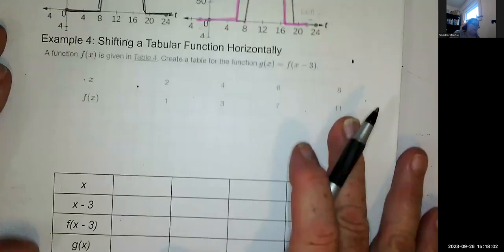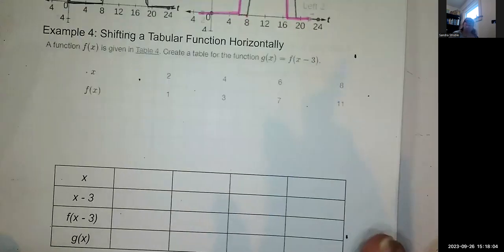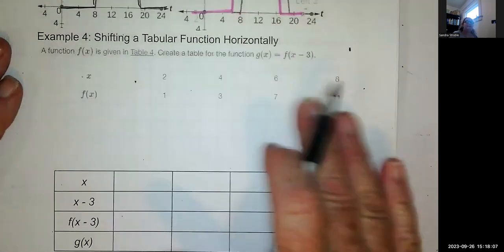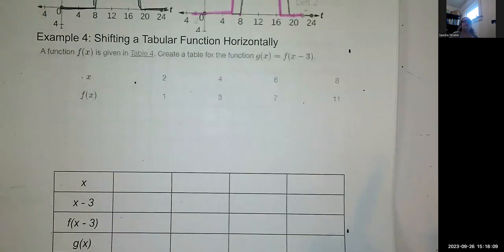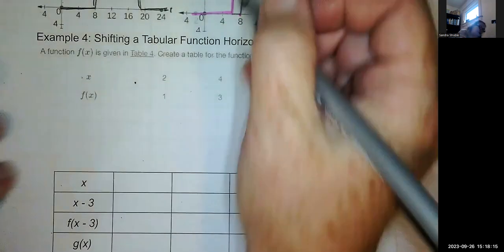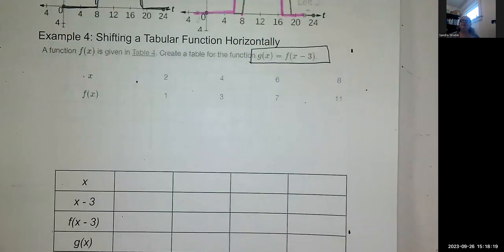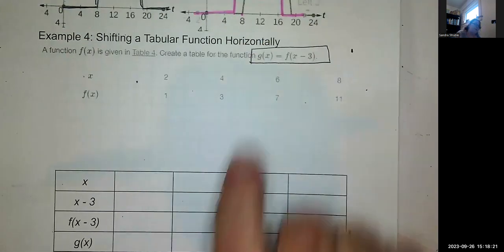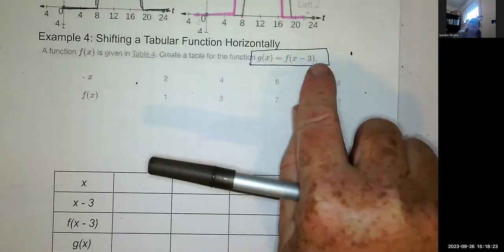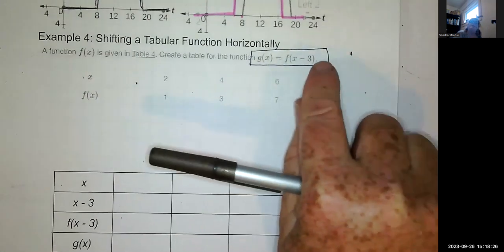Moving up. Example 4, which is shifting a tabular function horizontally, dealing with the same numbers we had before, 2, 4, 6, 8, and the function f is giving us 1, 3, 7, 11. Now we have a new function g that is f of x minus 3. We know it's a horizontal shift because it's not a k kicked out to the side here.